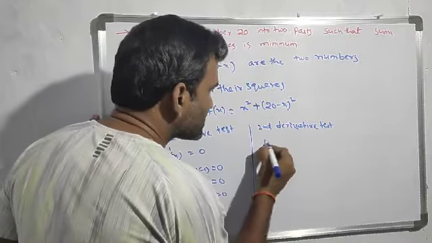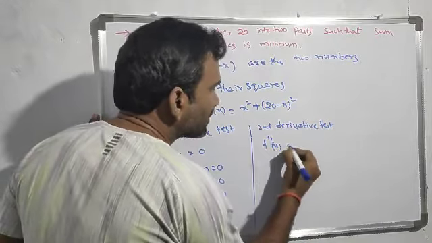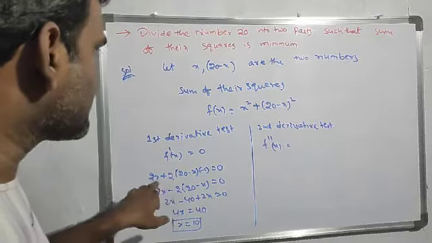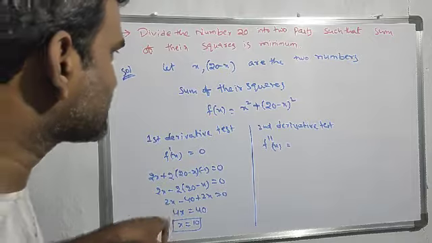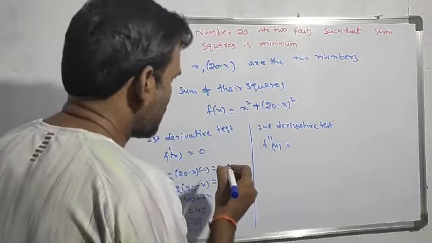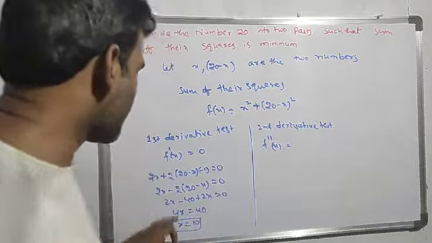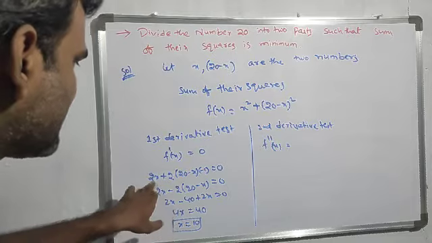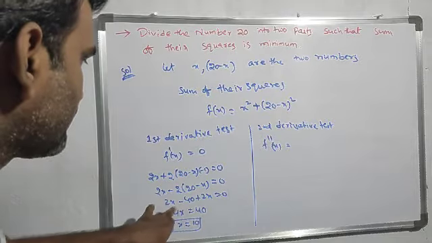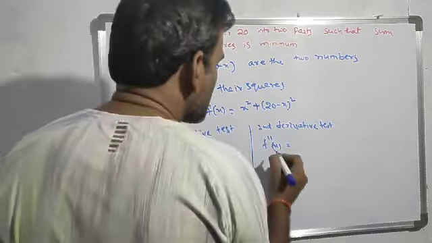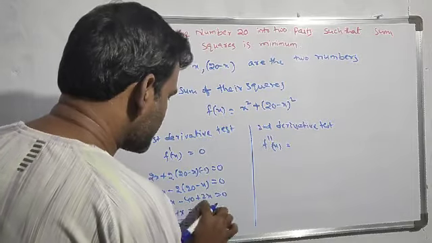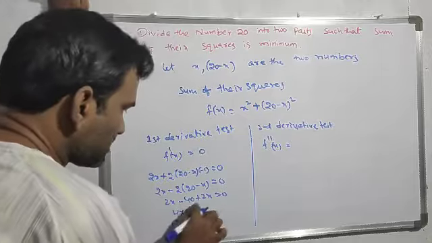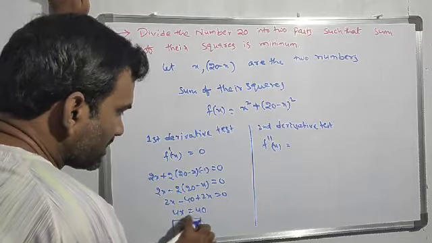Second derivative test means f double dash of x. So f dash of x is this one, 4x minus 40.